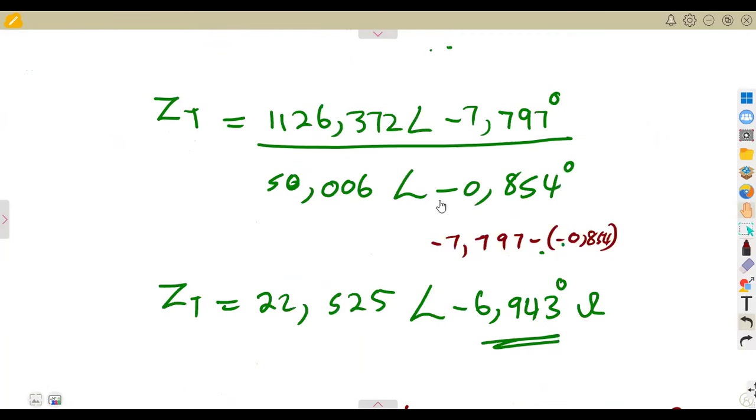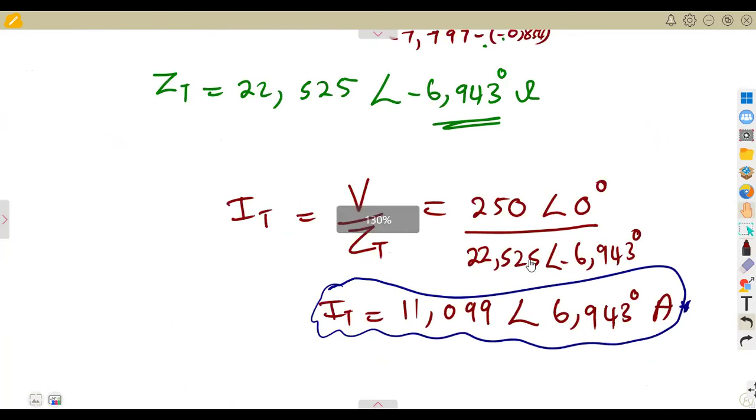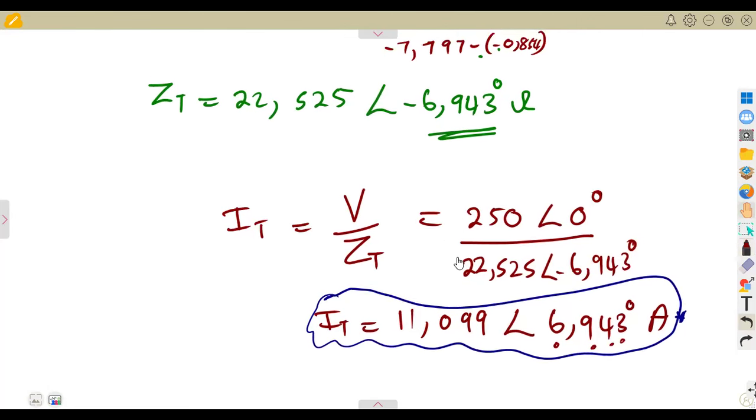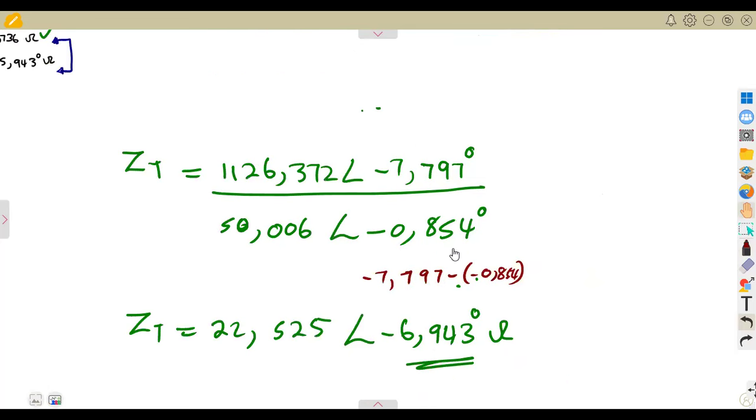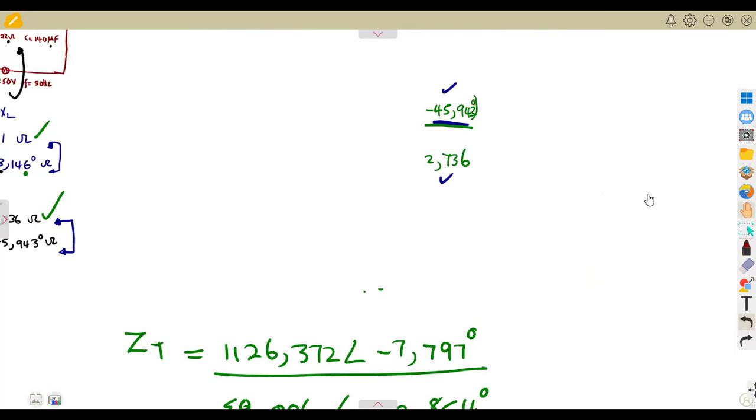Remember, this is your total current here. From this evaluation that we got, this is our total current, which is having 6,943 and so on. So meaning to say we have got the power factor, and from there we can calculate what? We can calculate our power.